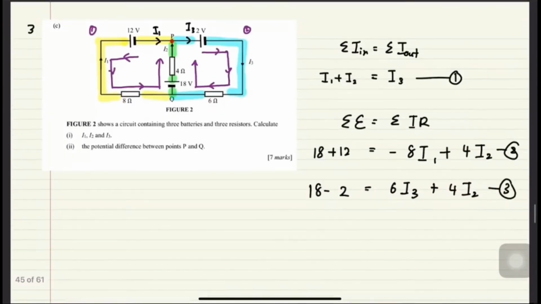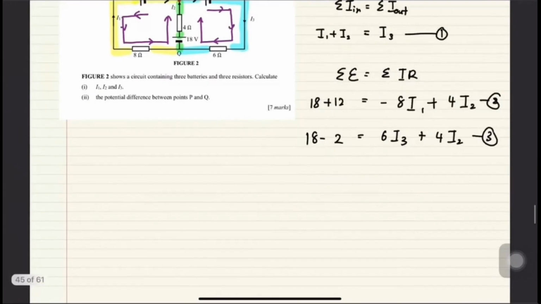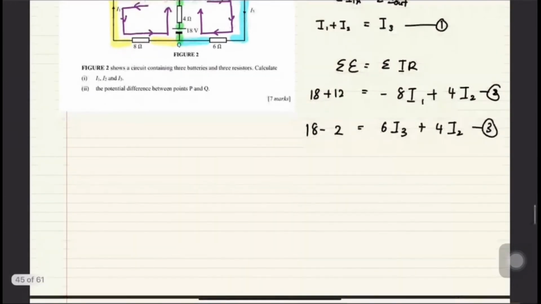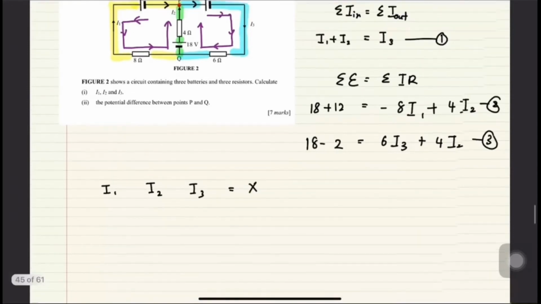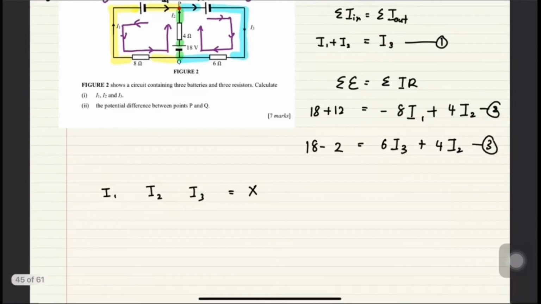So normally before I press the calculator, I would like to rearrange lah. Banyak cara nak rearrange. The easiest one maybe kamu buat macam table lah. I'm not actually going to draw the table, but you can imagine that this one is a table itself. So I1, I2, I3, and then kita ada constant, yang tak ada variable tu lah. So for the first equation tu, I can write down I1 to positive 1.